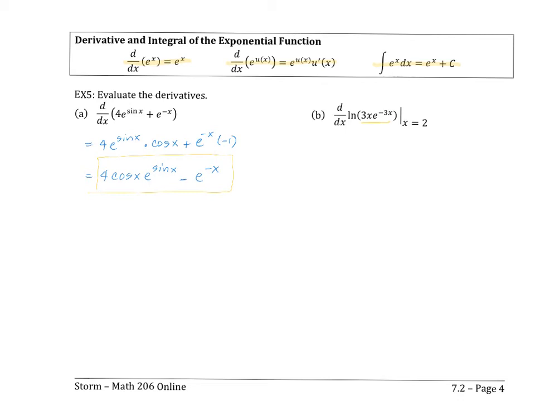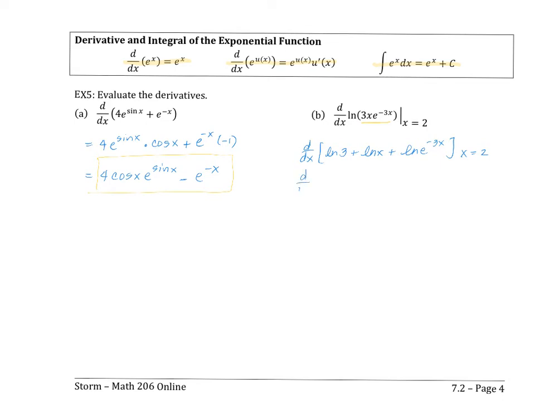These are products of functions of x. So instead I'm going to use my properties like I did before, and I'm going to expand this out to be the natural log of 3 plus the natural log of x plus the natural log of e to the -3x. And that would be evaluated for x is equal to 2.